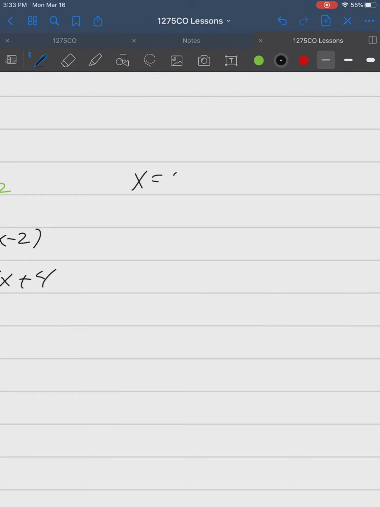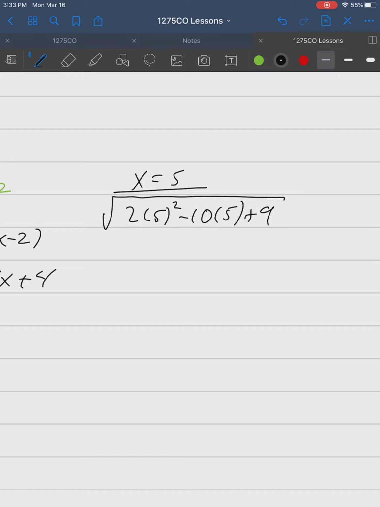So checking x equals 5 means that we're going to have 2 times 5 squared minus 10 times 5 plus 9 inside the radical. And this is going to equal 5 minus 2. So 2 times 25 minus 50 plus 9 is inside the radical.